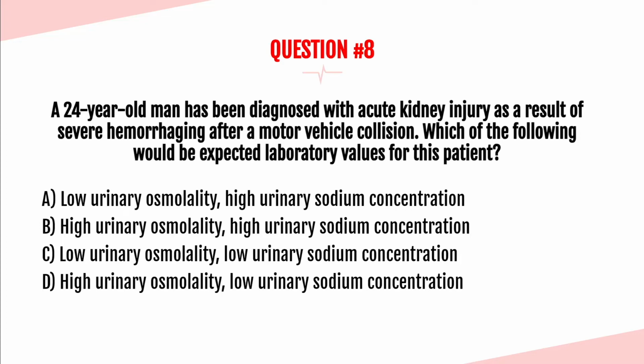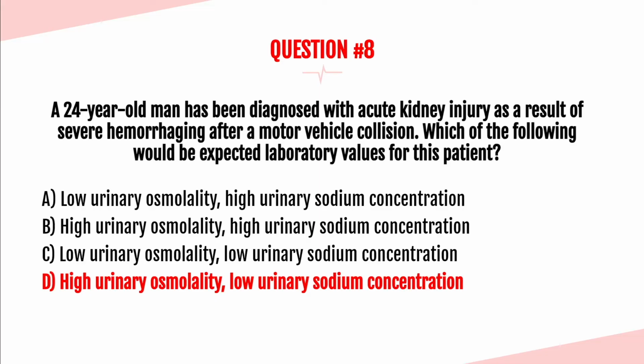C, a low urinary osmolality and a low urinary sodium concentration? Or D, a high urinary osmolality and a low urinary sodium concentration? The answer is D, a high urinary osmolality with a low urinary sodium concentration.